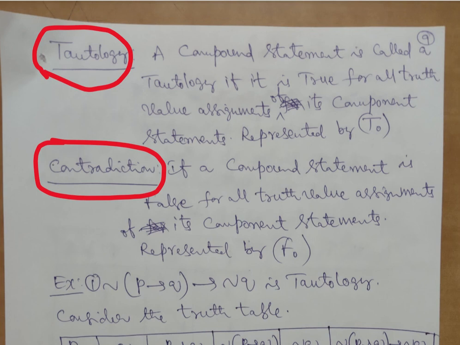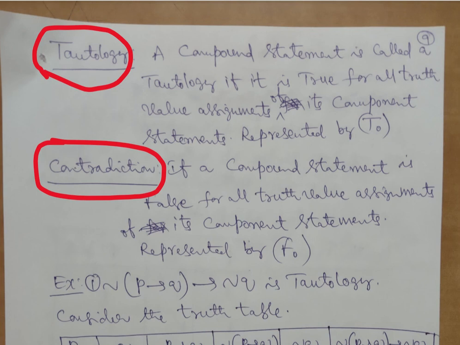So definition wise, because in the exam they might ask you to define tautology or contradiction, you should know the proper definition. A compound statement is called a tautology if it is true for all the truth value assignments of its component statements, which is represented as T subscript 0.